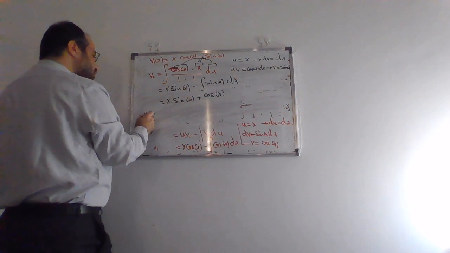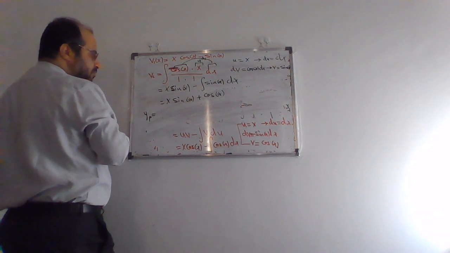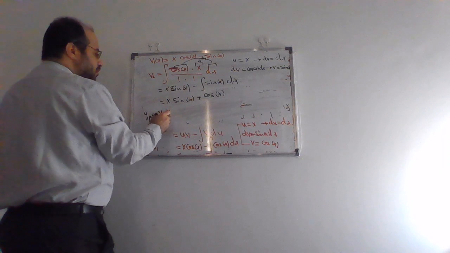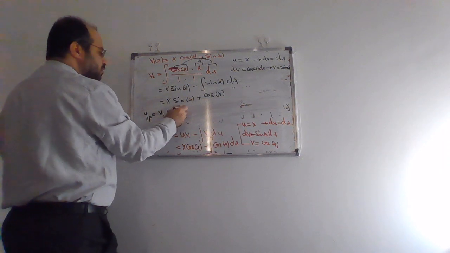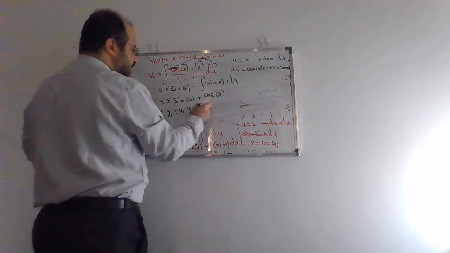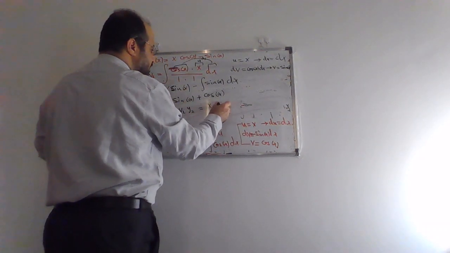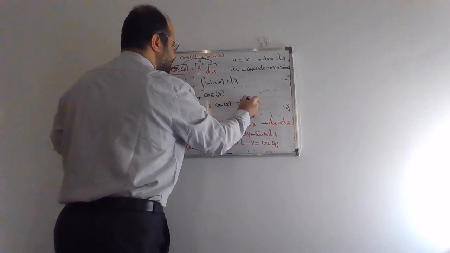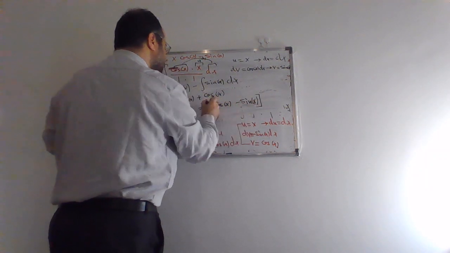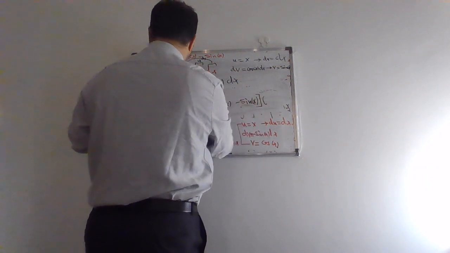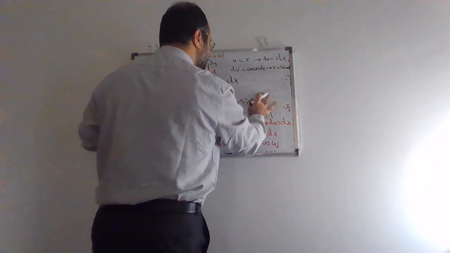Y particular will be, in this case, v1 y1 plus v2 y2, right? And in this case, v1 was x cosine x, right? And minus sine x, and then you multiply this with y1, which is cosine x, right?